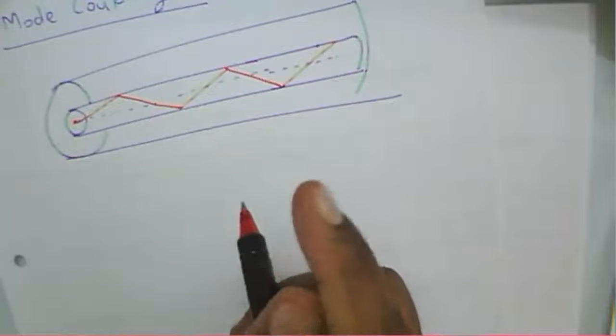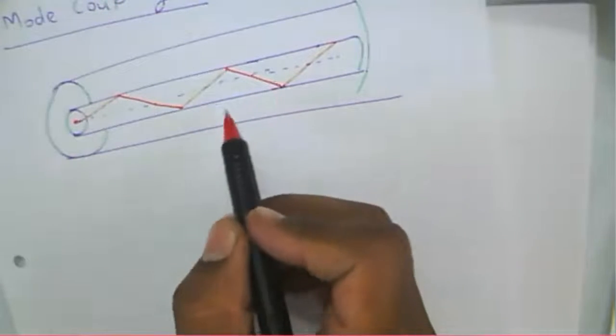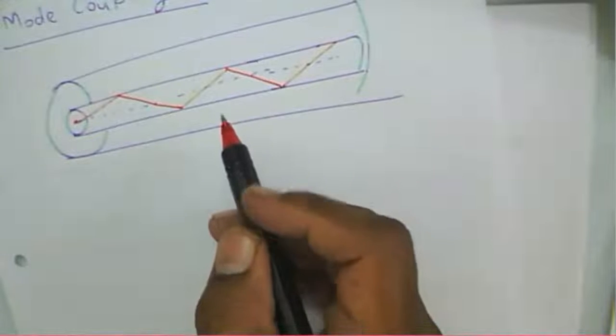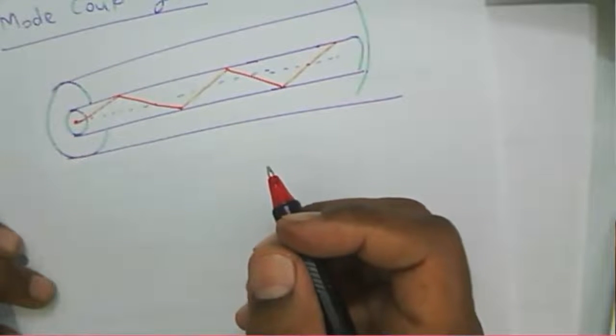Which characteristics? Our fiber is good now, and in that case there is no variation in the propagation, or any changes in the velocity there.